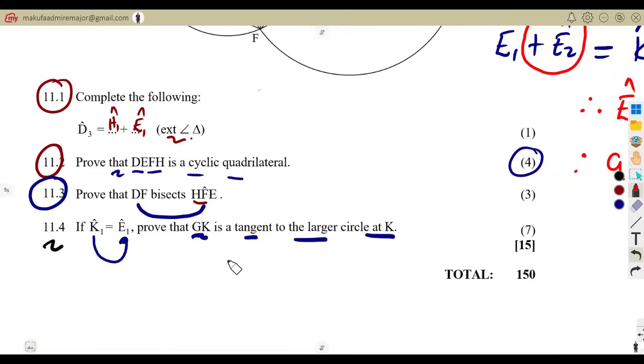So even if it's going to take you a lot of time in the exam, you know that it is the last question, so you have already acquired a lot of marks from the previous ones. This is 15, so just subtract 150 minus 15. Let's say you fail to attempt it, you are marking yourself out of 135. But try by all means to attempt the last question. It's not always going to have those difficulties.